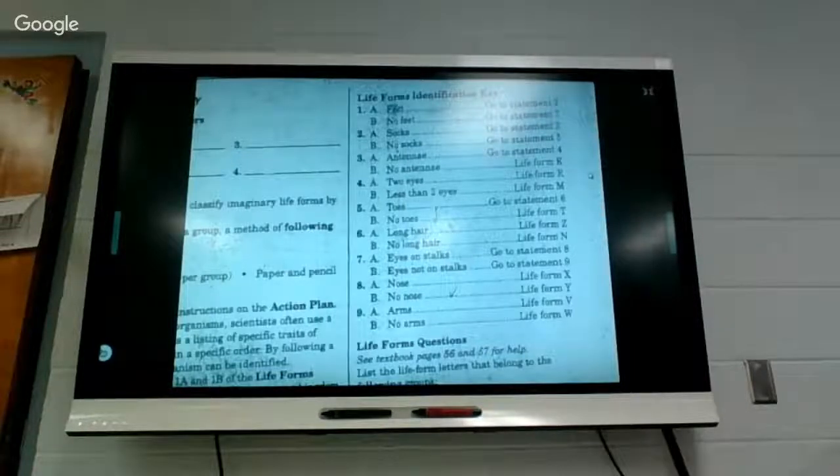What is it? This one, eyes and stuff. But which one?